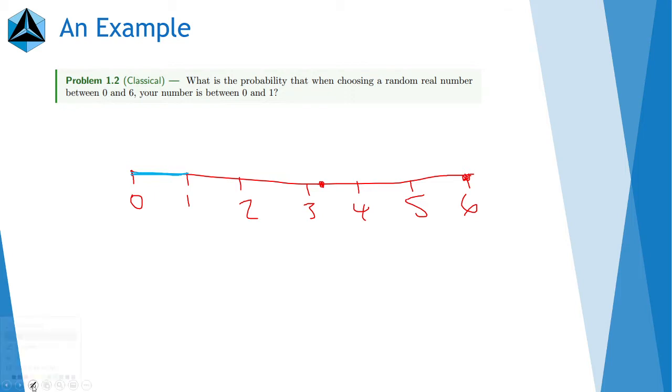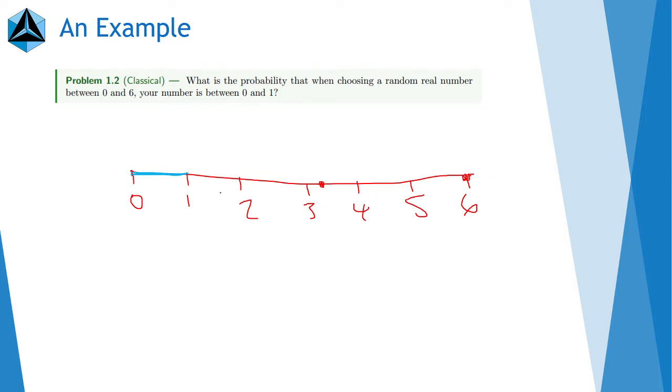So in terms of probability, how do we approach this? We don't have the number of successes over number of possibilities approach, but we can use a geometric concept, and that's length. We're able to represent every real number between 0 and 6 and between 0 and 1 with this number line, and this number line has length.